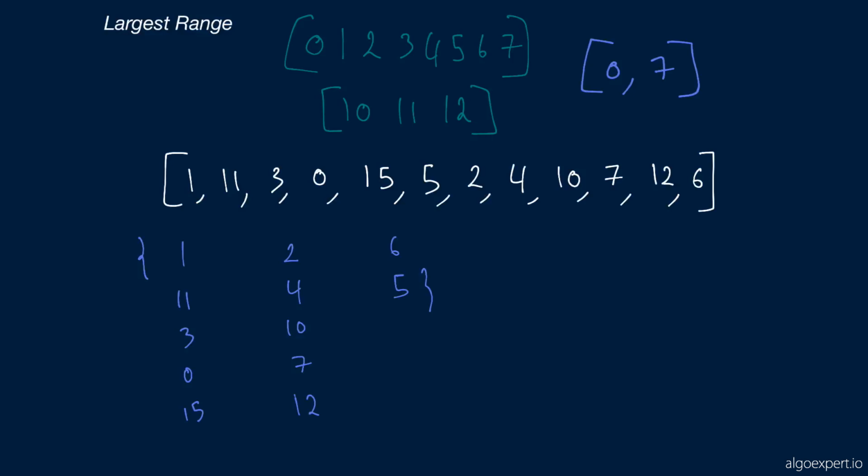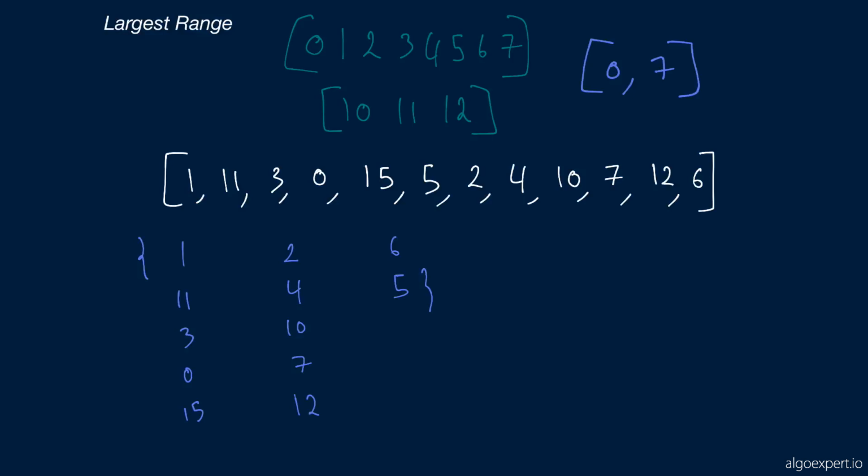Okay, now we move on to the third number in our array, which is the number 3. And here, this is where things get interesting. Because once we're at the number 3, we could do the exact same thing that we just did, expanding to the left of 3, expanding to the right of 3, looking in our hash table and seeing what numbers would constitute a range that contains 3. But you'd quickly realize that we'd get the exact same range that we found earlier.